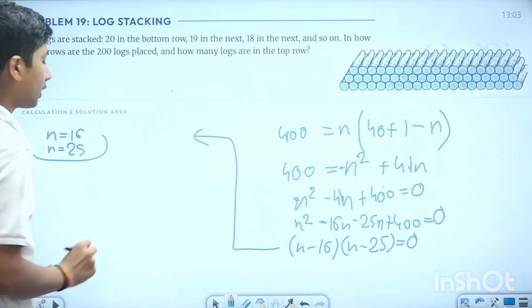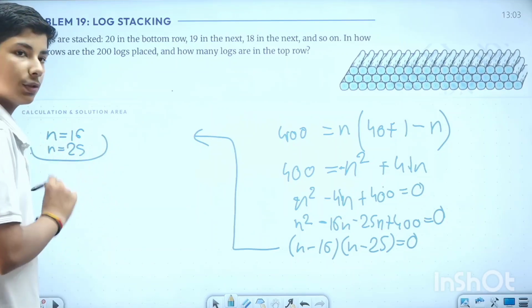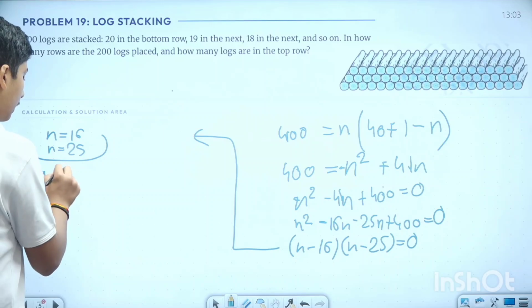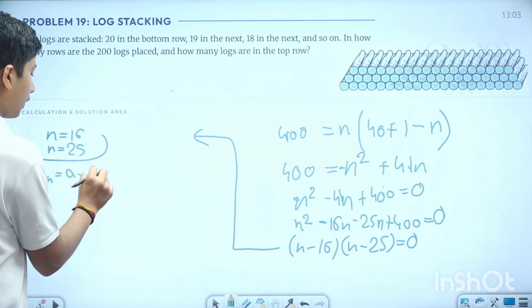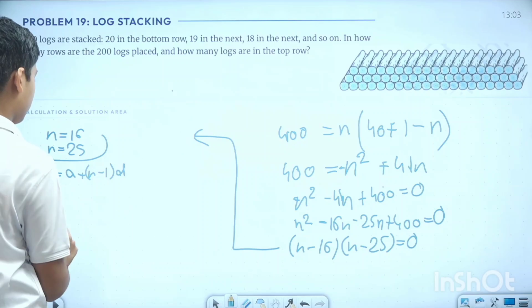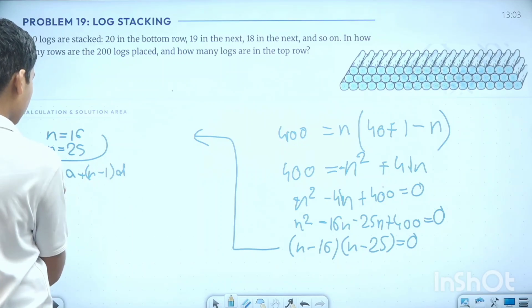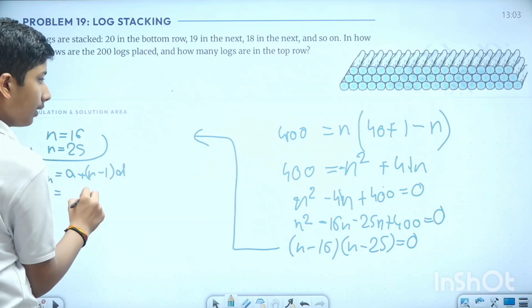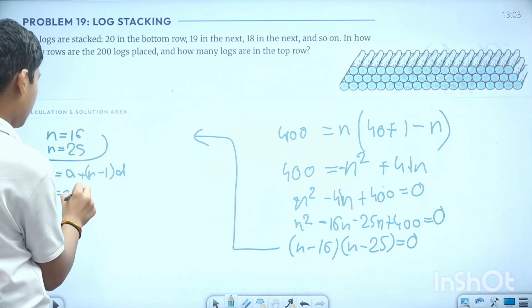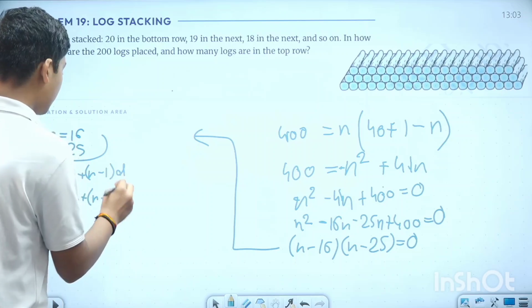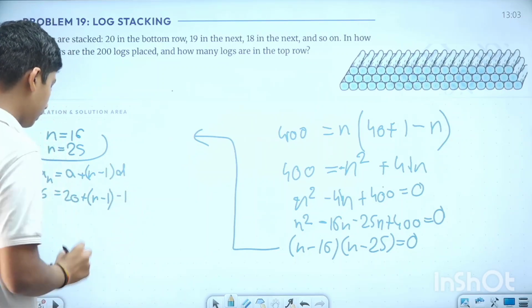Now we cannot reject any one of them without solving. An equal to a plus n minus 1 into d. An is given, 16 equals a, which was 20, plus n minus 1 into d, where d is minus 1.